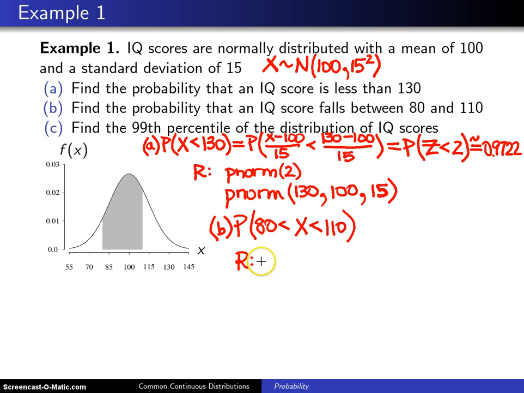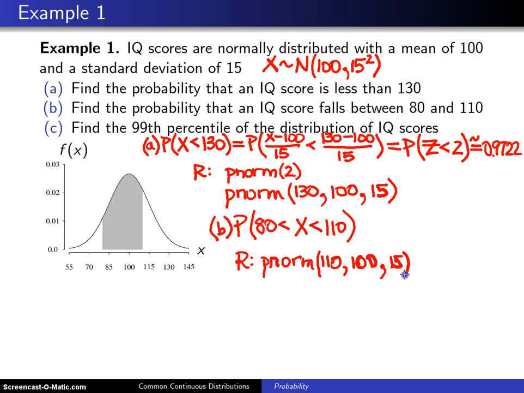So in R, what you will do is you will say this is pnorm of 110, and that is this upper limit right here. And the mean, of course, is 100. And the standard deviation is 15.